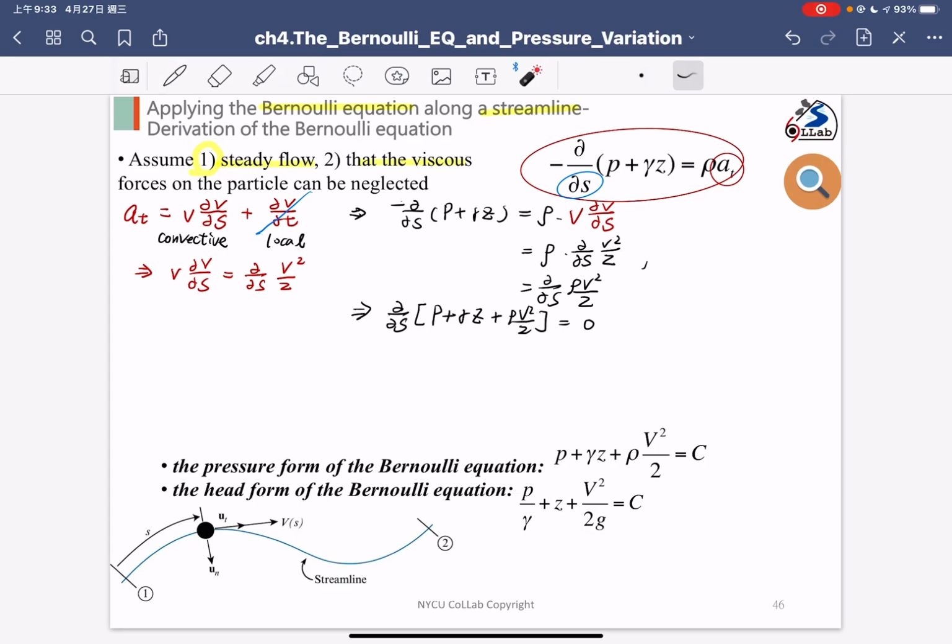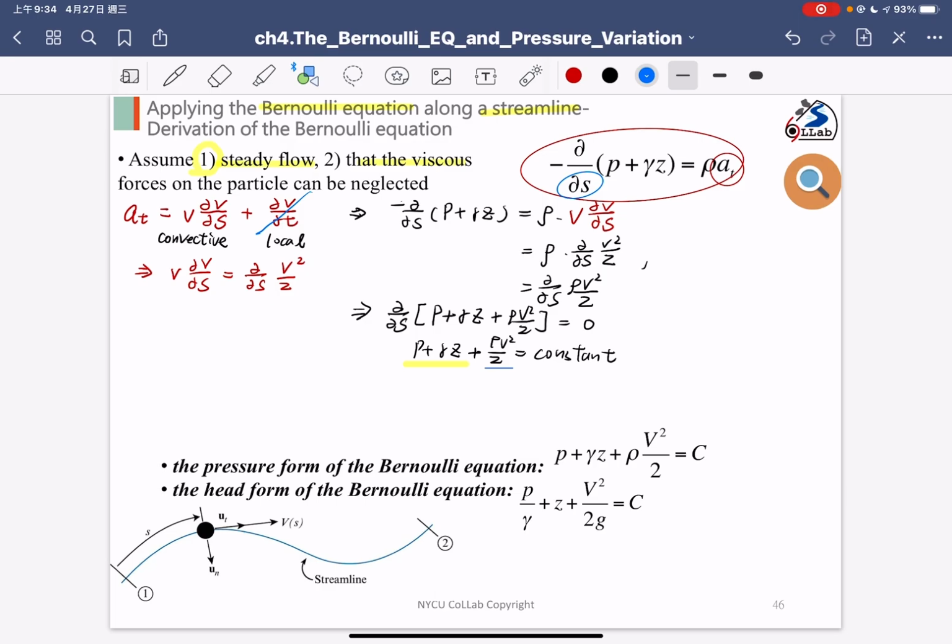Any parameter differentiated along the straight line being 0 indicates that the piezometric pressure plus one half rho V squared will always be a constant value, because the derivative of a constant along the straight line equals 0. So the first item here is the piezometric pressure, and the final one is the parameter associated with the velocity.